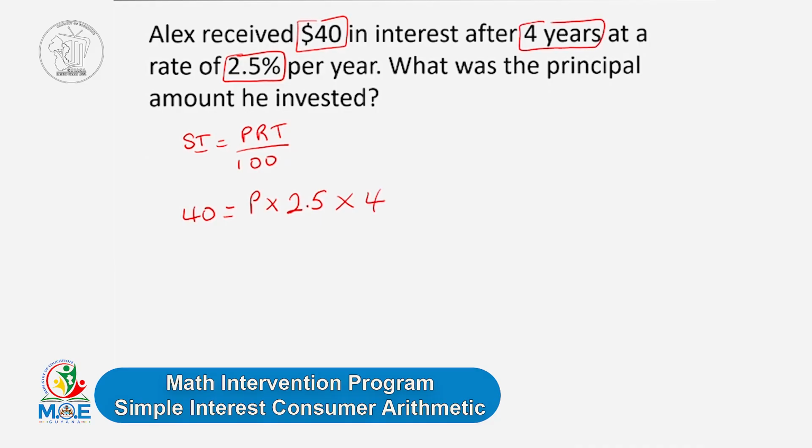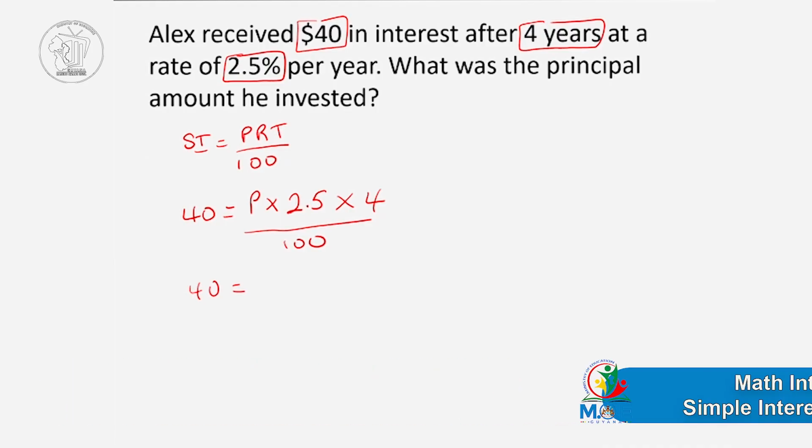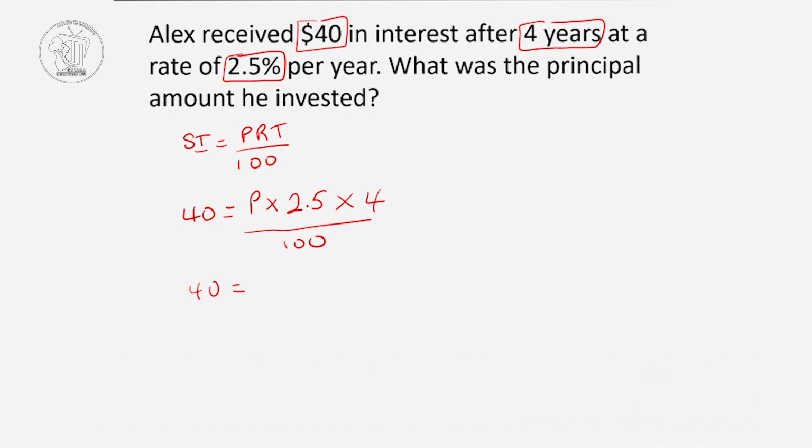So the time would be 4, and all of this would be divided by 100. So let's work out what is going on at the top. This will be 40 is equal to 2.5 times 4. That would give us 10. So 10 times P would give us 10P over 100.